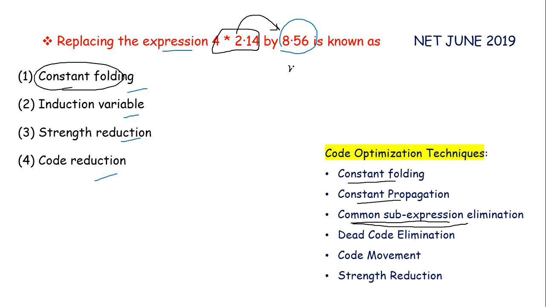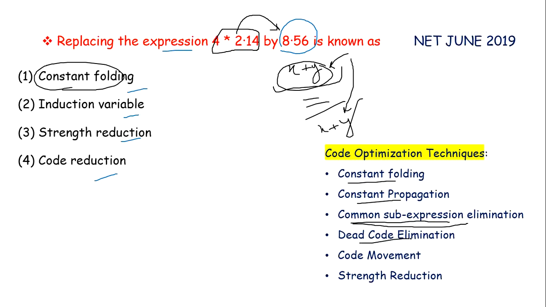Say our expression was x plus y and we have calculated its value at some point of time. Now again this expression x plus y appears after some time in our code. Then we will replace this expression x plus y with its result in the coming appearance of this same expression. This is common sub-expression elimination.